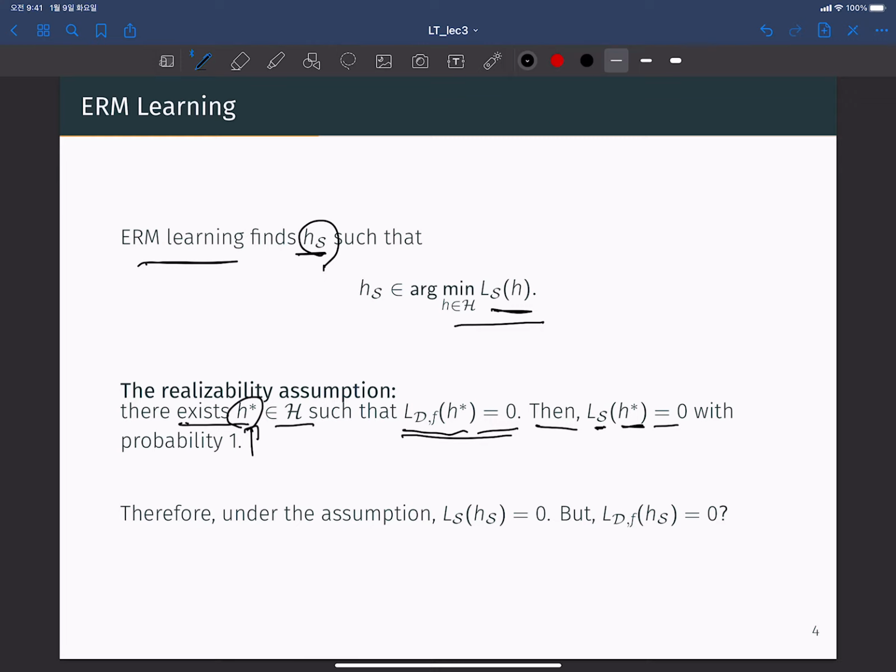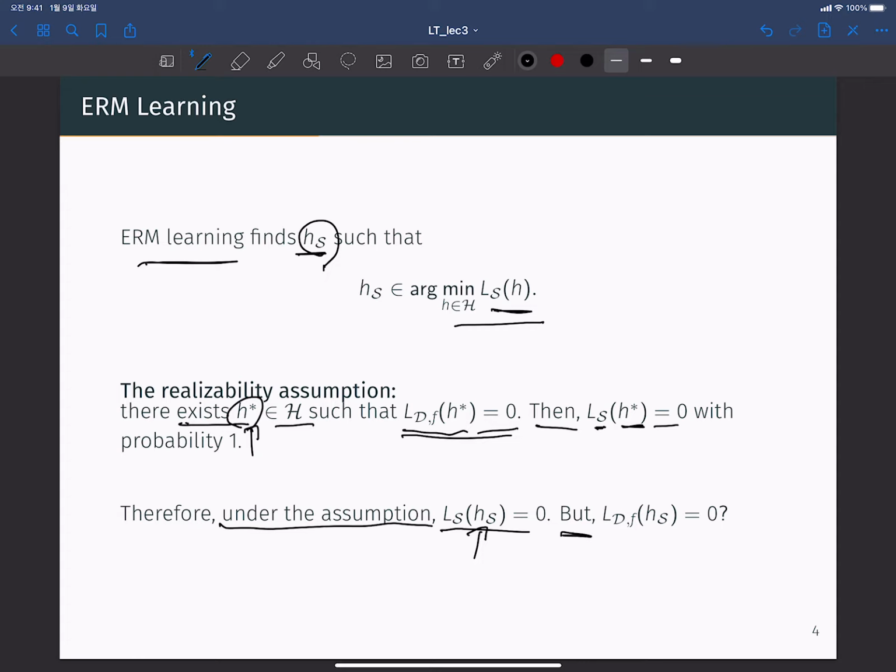Okay, so therefore under the assumption, at least we can say that your empirical learning output hS satisfies the sample error equal to 0. Right. But this is very important.